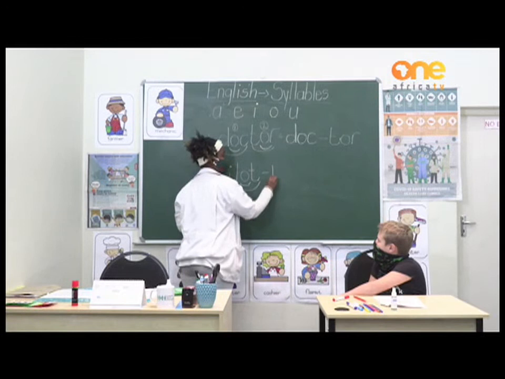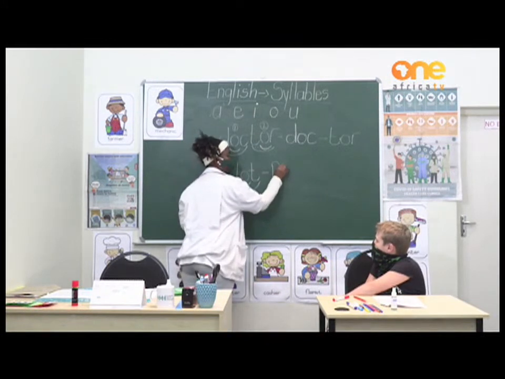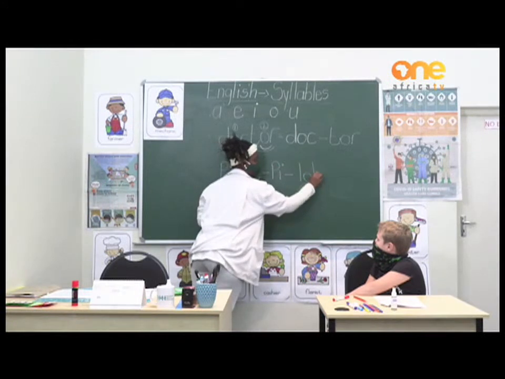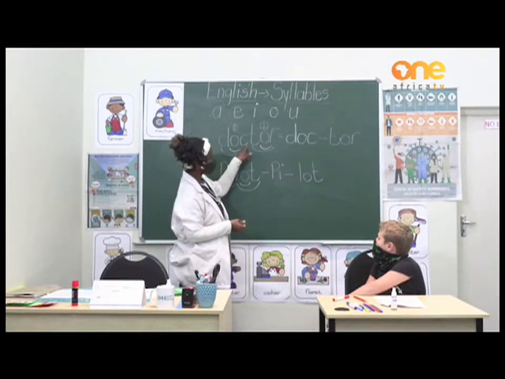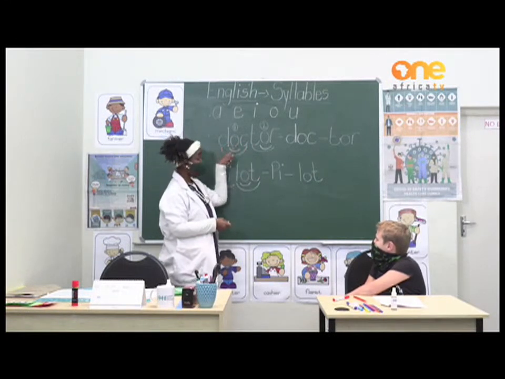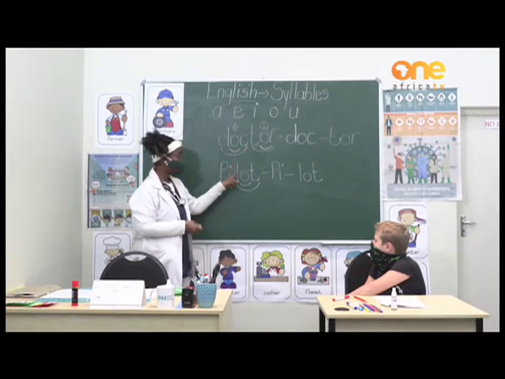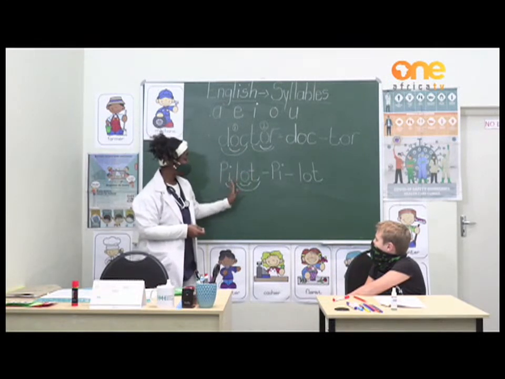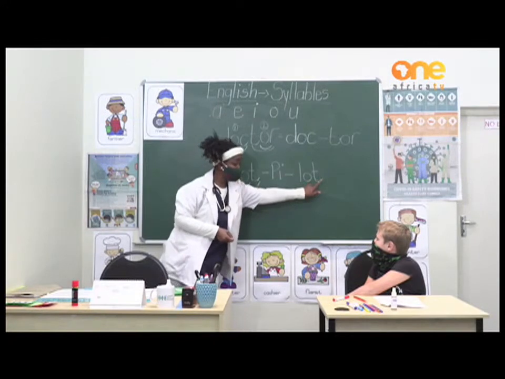So we'll have pie and let. Can you see that? If we have double consonants, each vowel sound can be accompanied by the consonant, but if we have only one consonant, the last vowel goes together with the consonant.